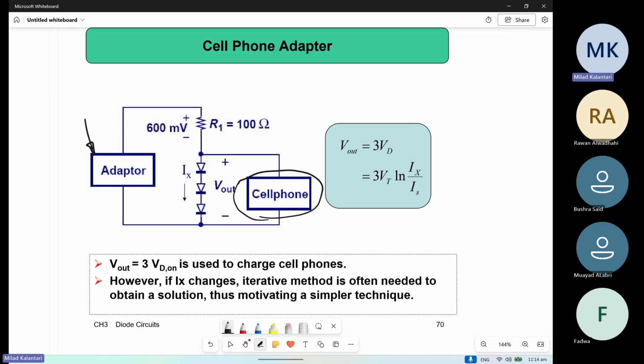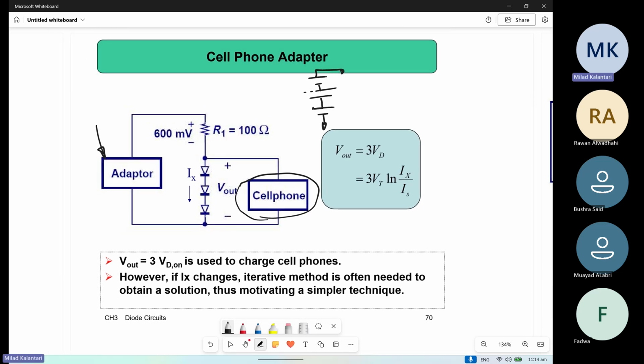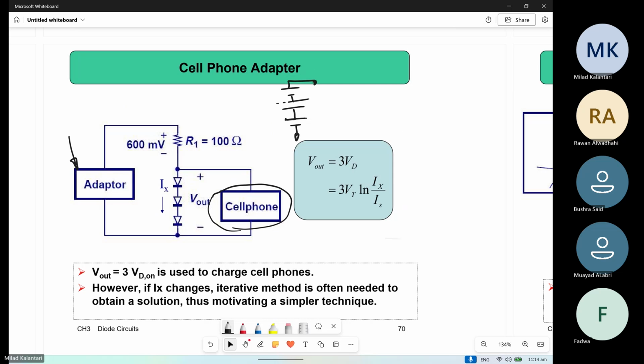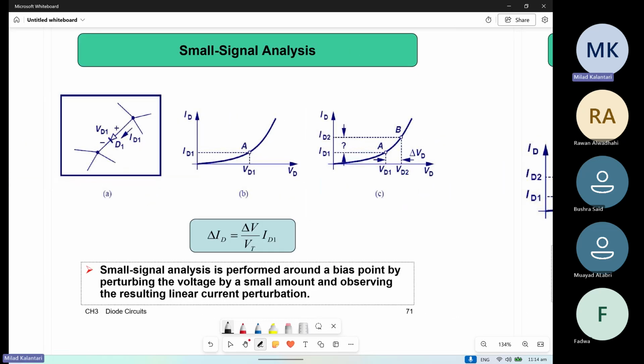By stacking up these small batteries, you can generate a well-known voltage for your cell phone, no matter what the input is. So long as the diodes are forward biased, the voltage is almost defined, and it's not sensitive to the input voltage.